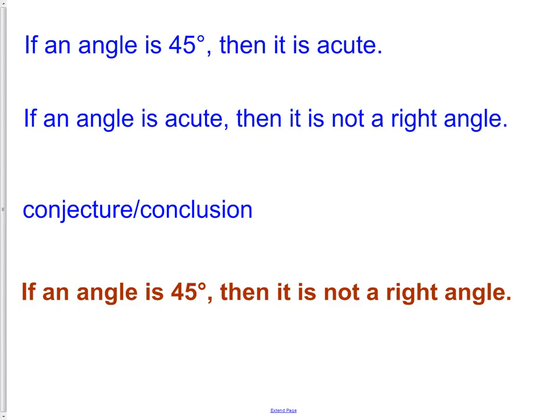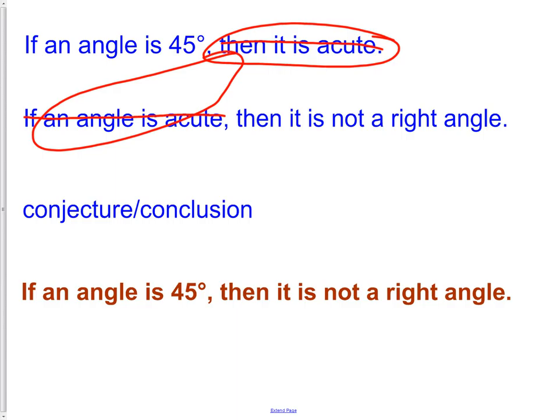Our new statement is, if an angle is 45 degrees, then it is not a right angle. We were able to get rid of the hypothesis on the second statement and the conclusion on the first statement because they are the ones that linked us together. That is the law of syllogism.